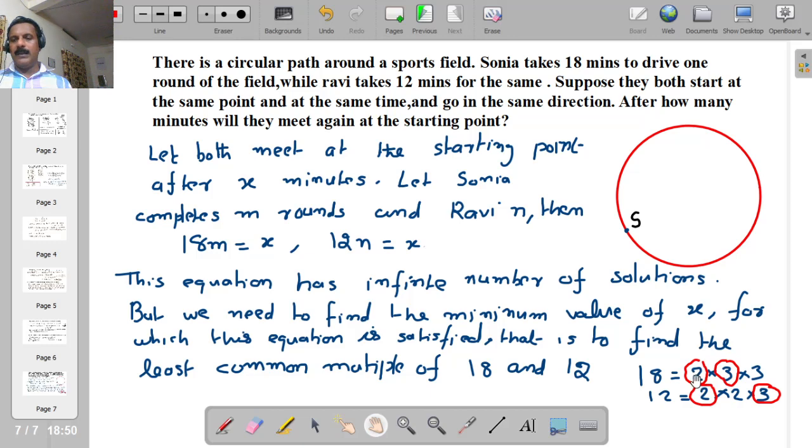So we will be multiplying all factors of 18 with the non-common factor in 12. So the LCM is 2 times 3 times 3 times 2, which is 2 times 3 is 6, 6 times 3 is 18, 18 times 2 is 36. So the answer is 36.